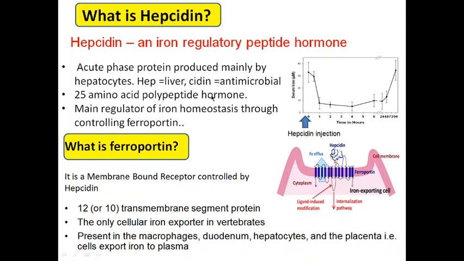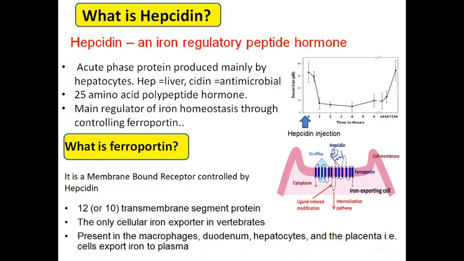It is a small polypeptide hormone, about 25 amino acids in length, and it is the main regulator of iron homeostasis through controlling ferroportin. So hepcidin controls iron absorption or iron release from the macrophages or hepatocytes by acting on ferroportin.